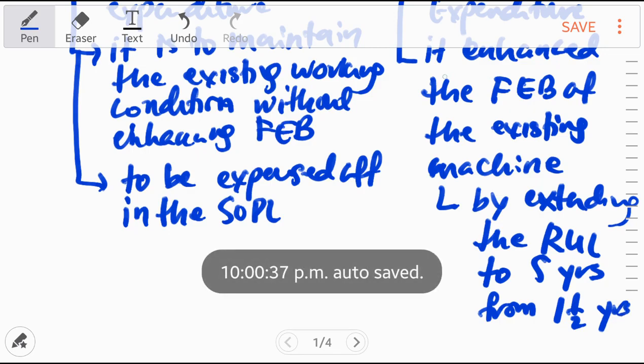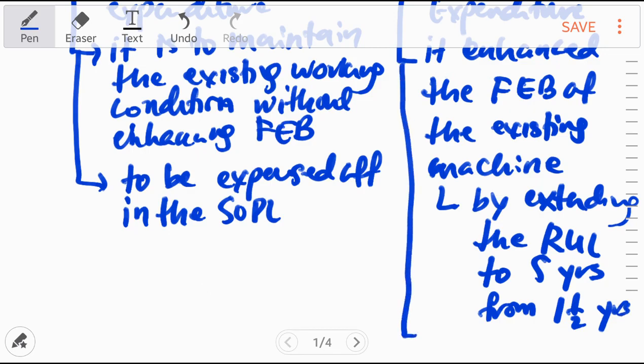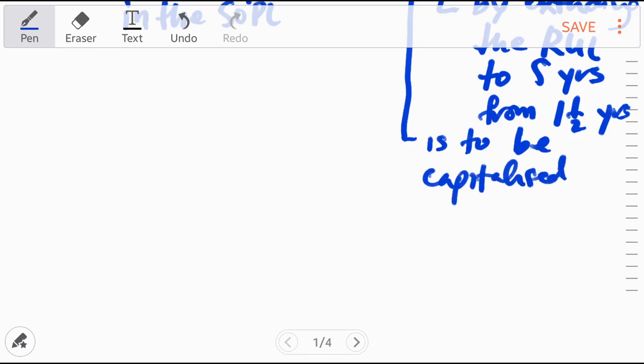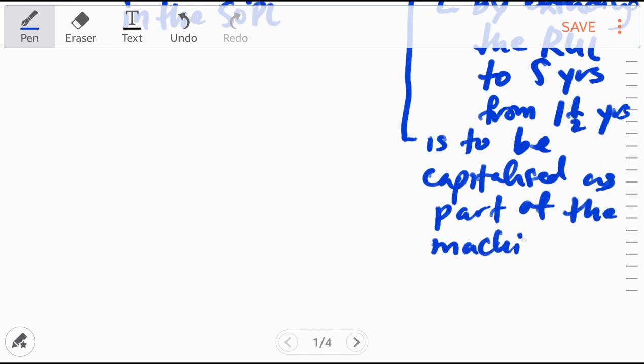And therefore, it is to be capitalized. The word capitalized means it is going to be capitalized as part of the machinery itself, recognized as PPE.